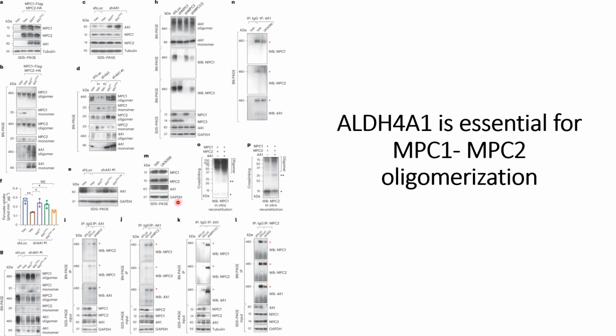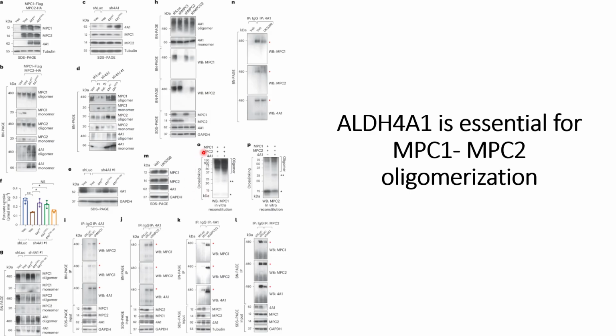And then they used the inhibitor UK5099 to inhibit pyruvate import, and in that case they do not see a change in the protein levels of MPC1, MPC2 or ALDH4A1.